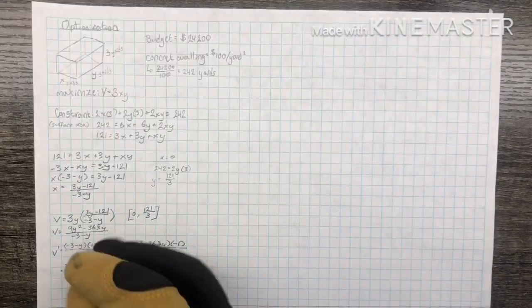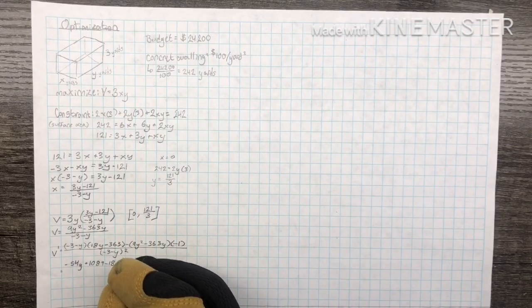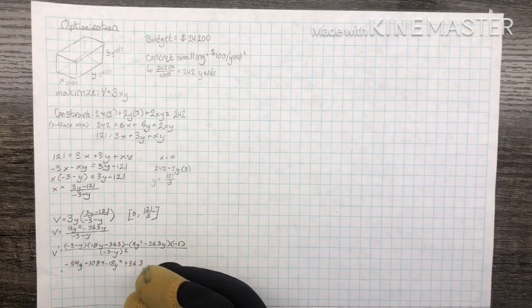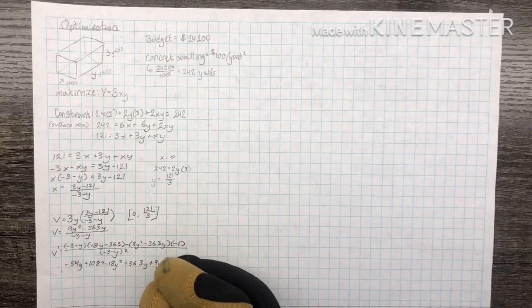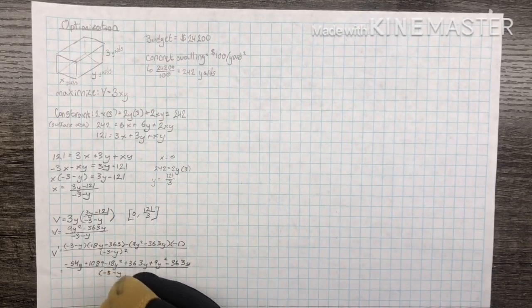After a very lengthy, long, and arduous derivatization process, we will end up with negative 9y squared minus 54y plus 1089 all over the quantity negative 3 minus y squared.